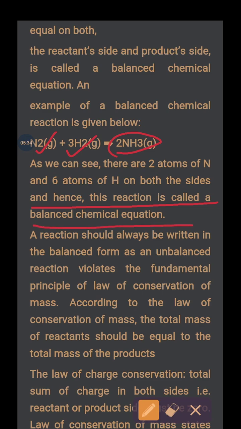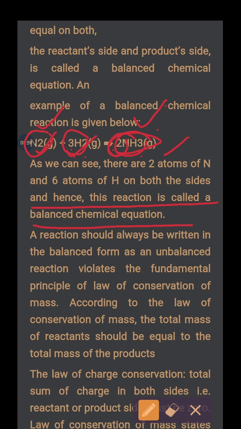Here nitrogen is 2 and here nitrogen is 2. Now hydrogen: 3 twos are 6, 2 threes are 6. So the number of nitrogen atoms from reactant side equals the product side, and the number of hydrogen atoms from reactant side is equal to the number of hydrogen atoms from product side. So it is a balanced chemical reaction.